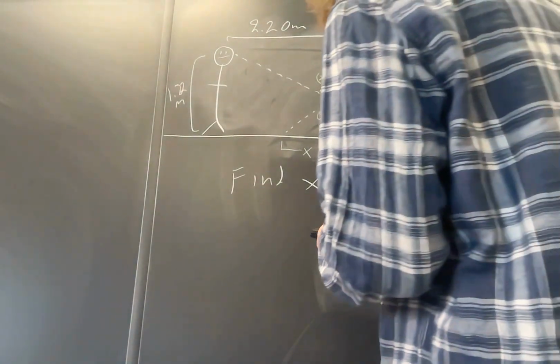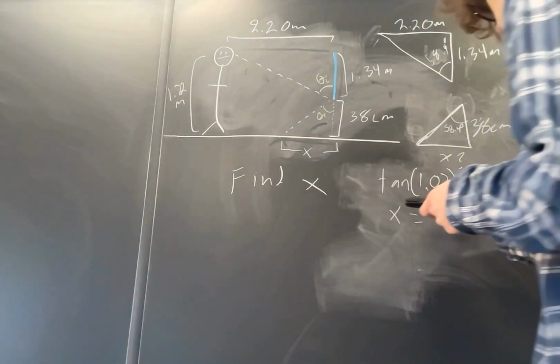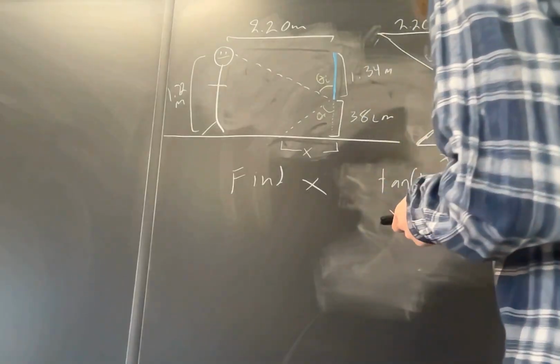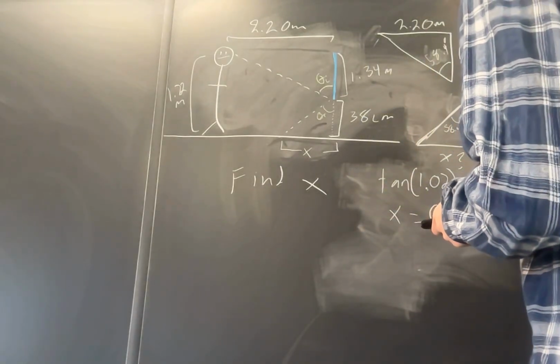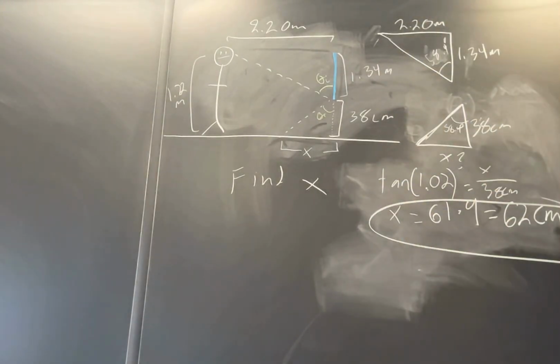When you do the math, you get 61.9, and we have two sig figs, so 62 centimeters. That's going to be your answer for this problem.